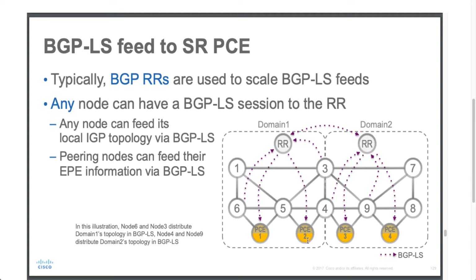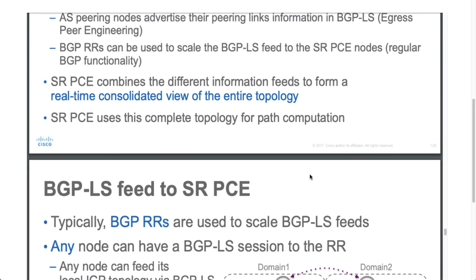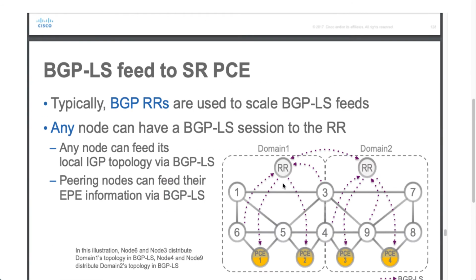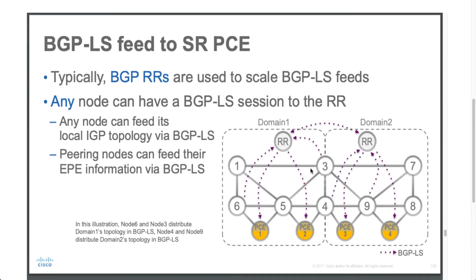The RR and PCE will have a BGP neighborship over the link-state address family, which is your LS address family. On that, it will share the BGP-LS from the RR to the PCE. That way PCE will have the end-to-end network topology, and it will use that to do any kind of path computation or path calculation from a given node to another node.